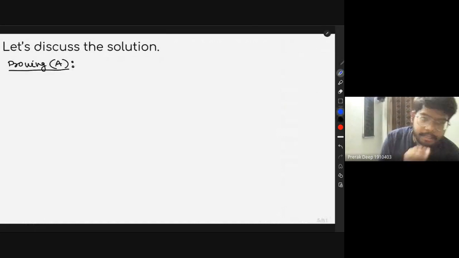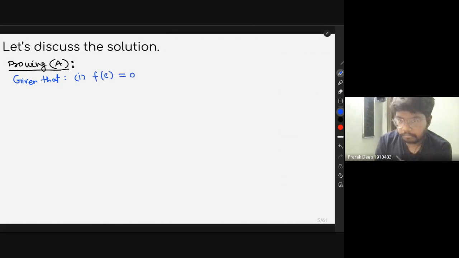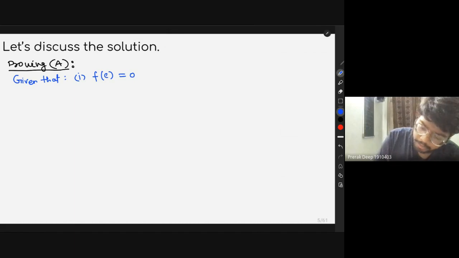So what are the given details? First, f of c is equal to 0. Second, f is differentiable at c.